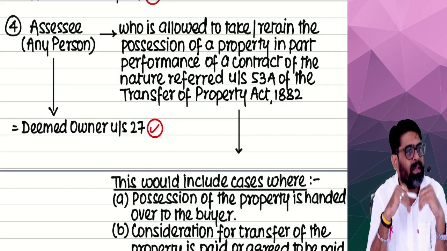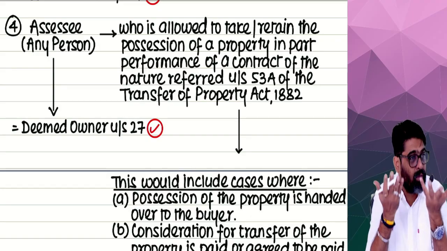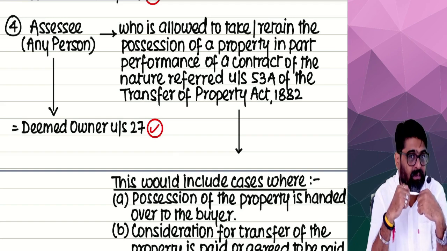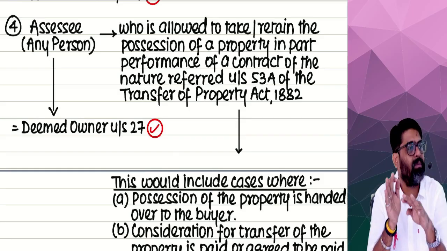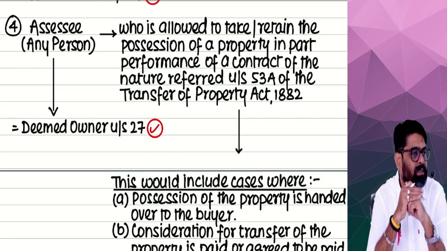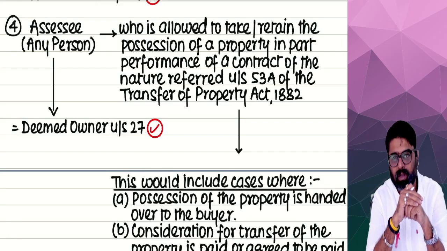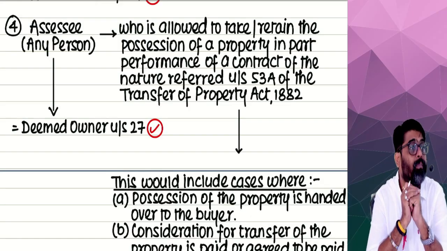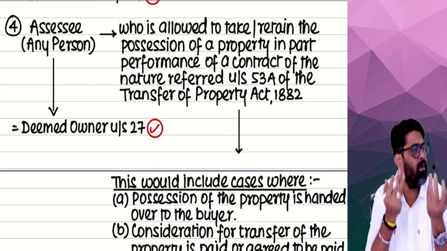So if you pay me the consideration, I will give you the possession, and after some time, we'll get the property registered on your name. After some time, I will transfer the legal ownership. Possible? So your part you will perform. So in return, I will perform my part.